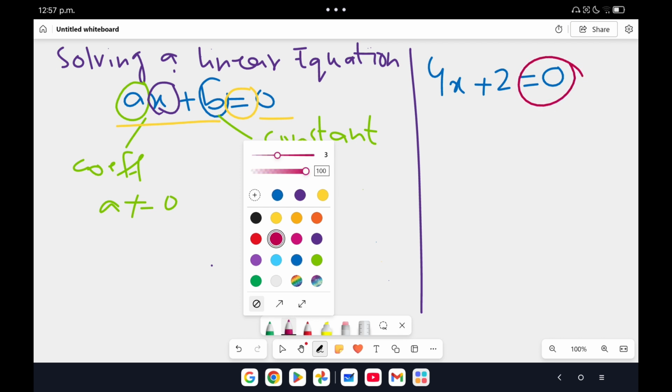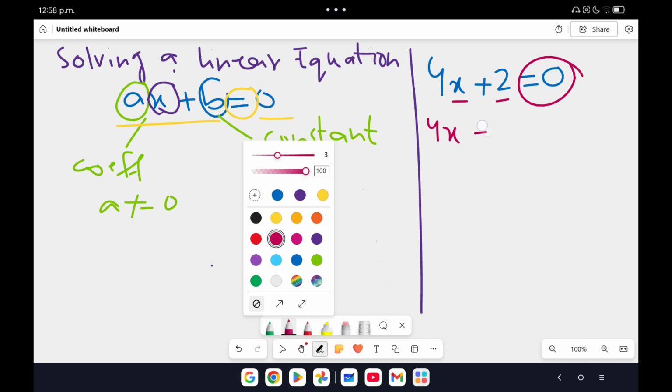Now in this case you have to put such a value of x that makes this equation equal to 0, or in other words we have to find the value of x using the inverse operation rule. So the inverse operation rule says we have to cancel this 2 first.